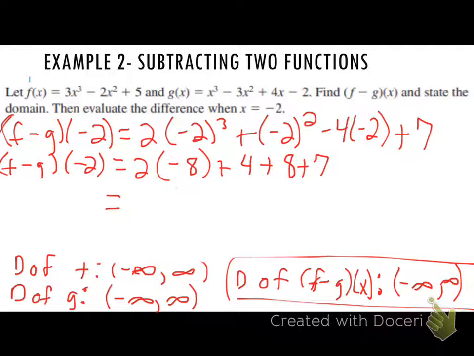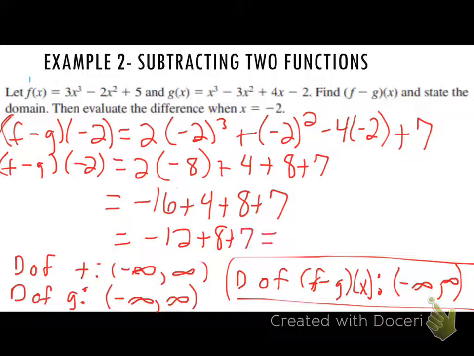Two times negative 8. Negative 16 plus 4. Negative 12 plus 8. Negative 4 plus 7. So f minus g of negative 2 is 3. Questions on example 2? Just make sure whenever you're plugging in that g of x, you put parentheses around it to distribute that negative. We're good there.